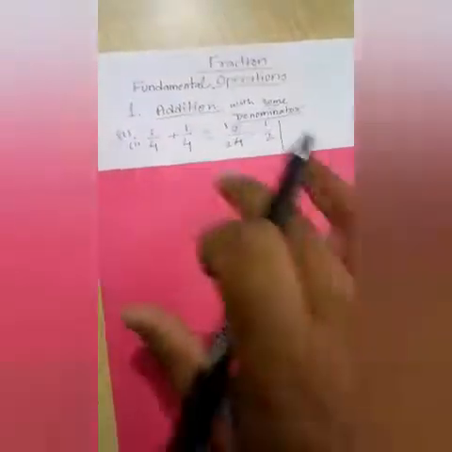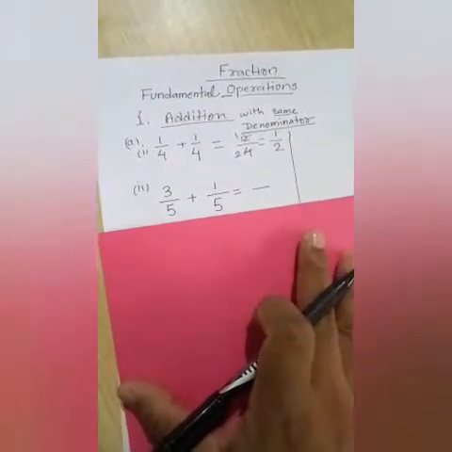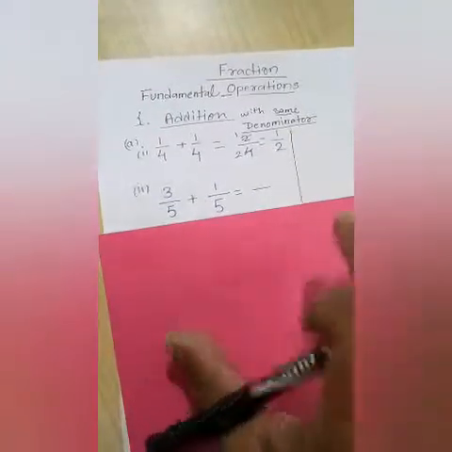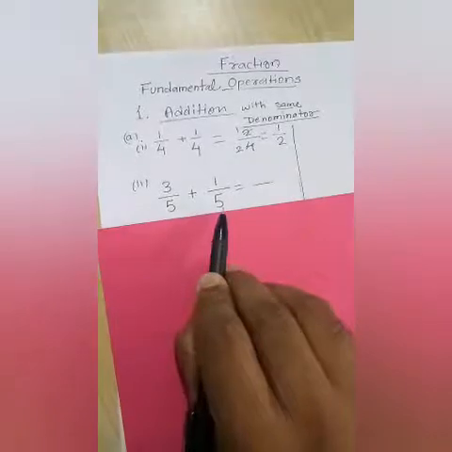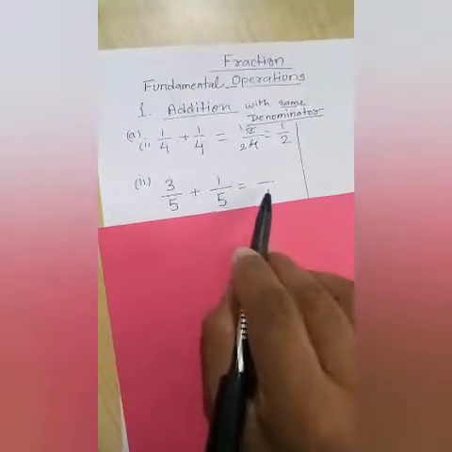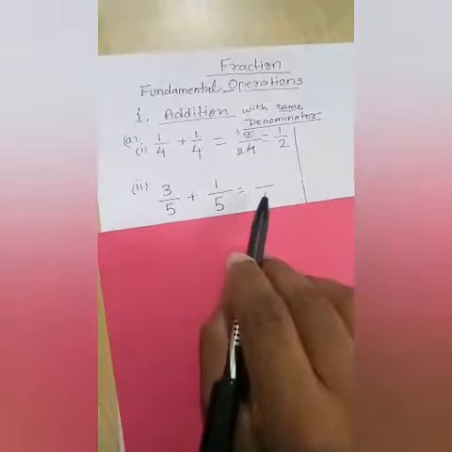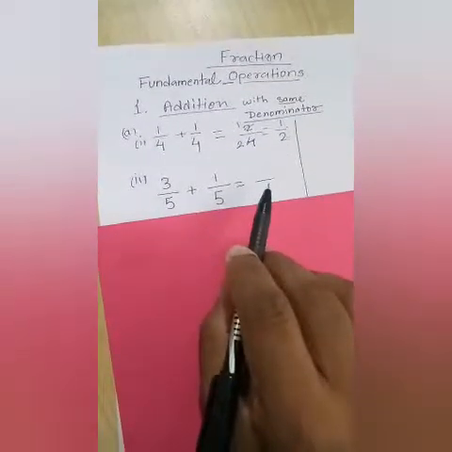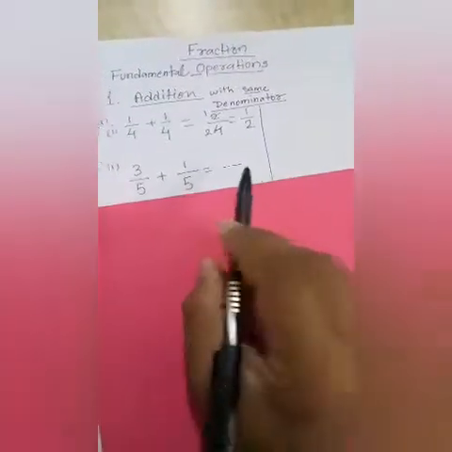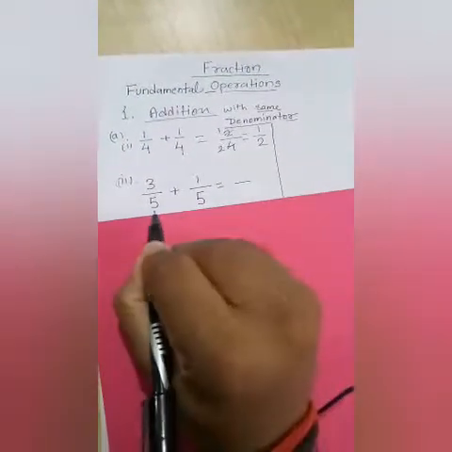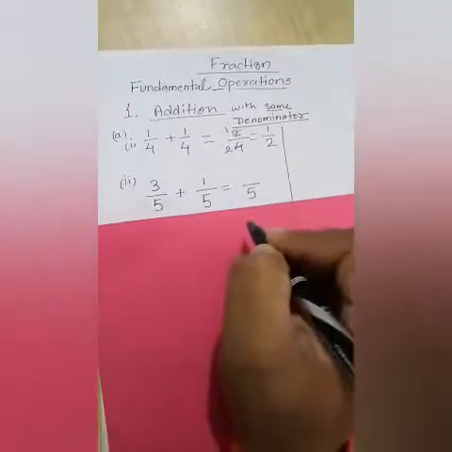So let's move to the next question, and I want you to first find out whether it is the same denominator or not. 5 and 5, right? Now I want you to think about the answer, and if you want a little time, you can pause this video and give your answer. As I told you, if the denominator is the same, you just write down the denominator as it is.